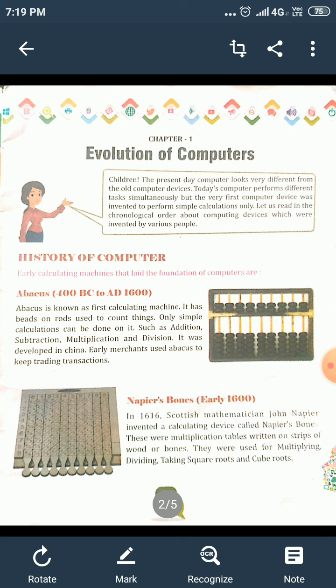The next device is Napier's bones. In 1617, a mathematician John Napier of Scotland invented Napier's bones.